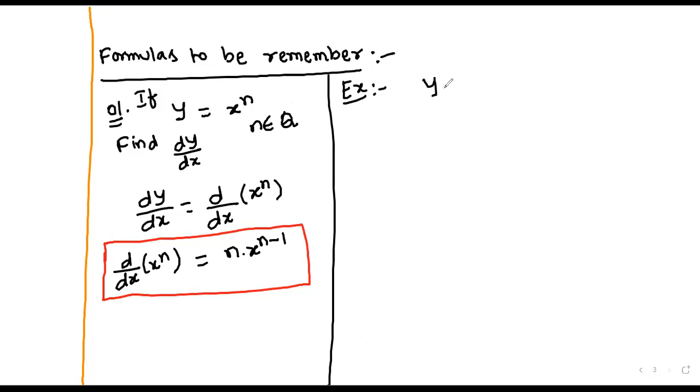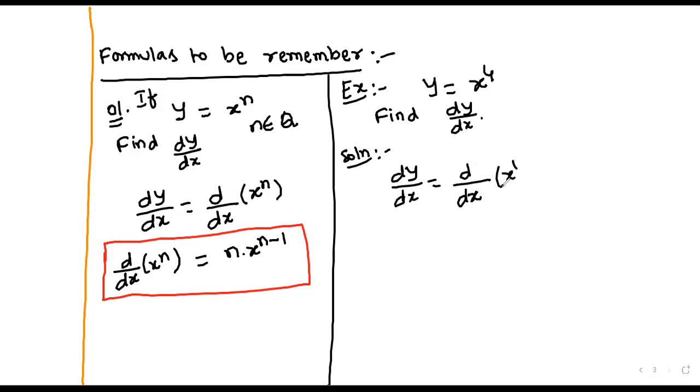Let us consider y is equal to x power 4. Find dy by dx. That is, dy by dx means d by dx of x power 4.